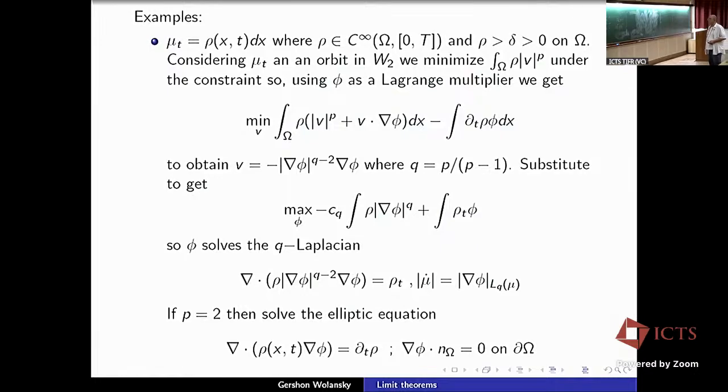And if p equals 2, this is just the solution of this linear elliptic equation for phi, taking into account that rho is strictly positive. If omega is a bounded domain, then the natural boundary condition will be the Neumann condition for phi. So we can always solve it and obtain the metric derivative of this orbit.